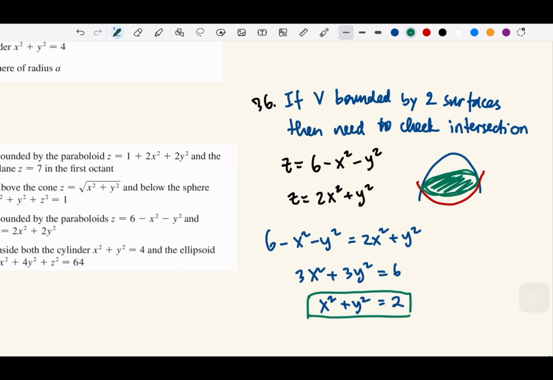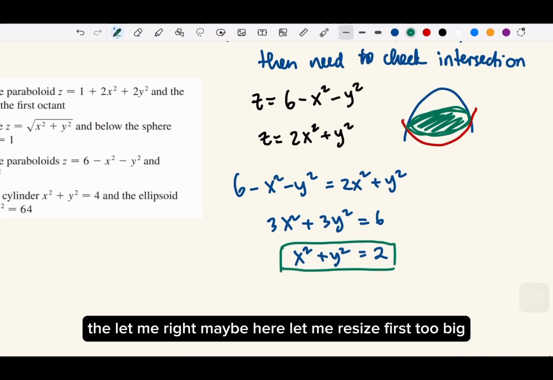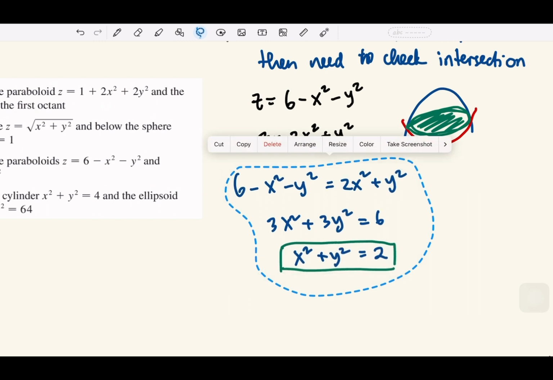So let me write maybe here. Let me resize first. Too big.